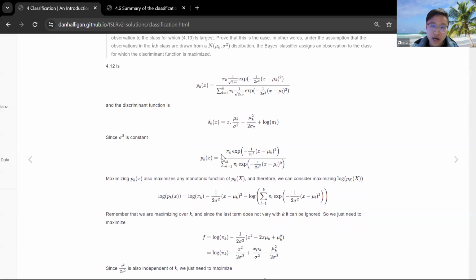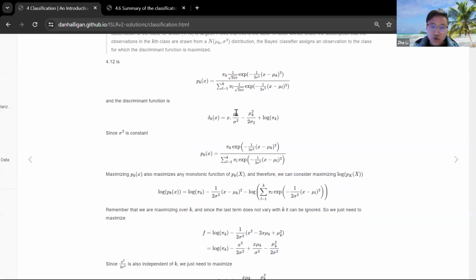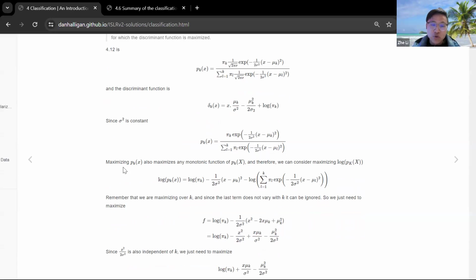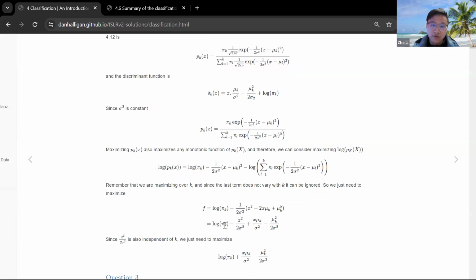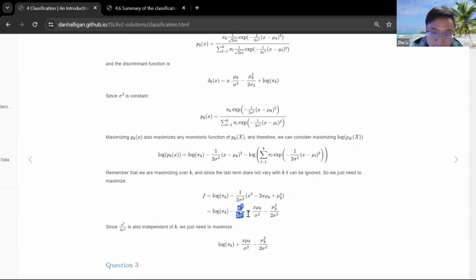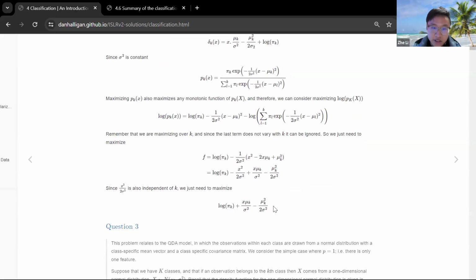Since the variance is constant, we can construct this function this way, and then we maximize the probability of classifying the observation as k. So we maximize the log of it, and finally we still get a linear function.